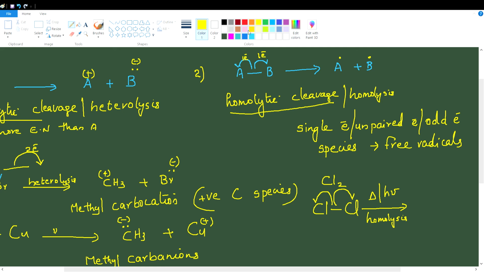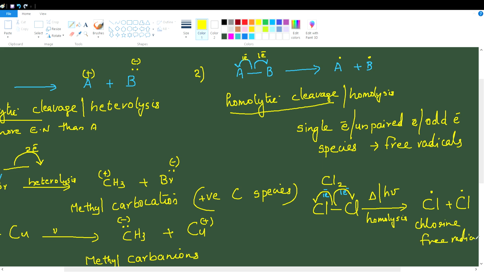This half-headed arrow represents the movement of a single electron, one electron. During breaking of the covalent bond, one electron goes to the chlorine atom on the right side, one electron goes to the chlorine atom on the left side. So we get two fragments, Cl with one electron, then one more chlorine with one electron. These are called free radicals, chlorine free radicals.